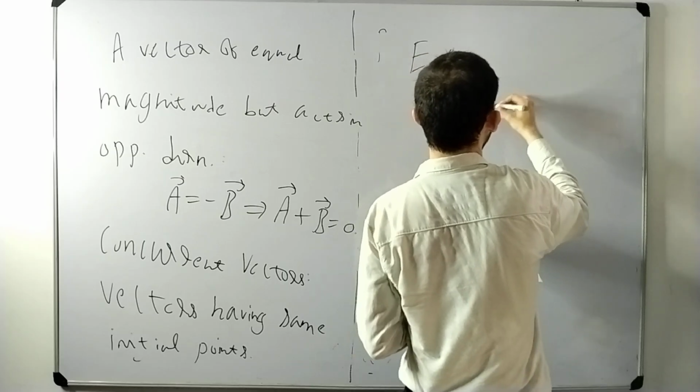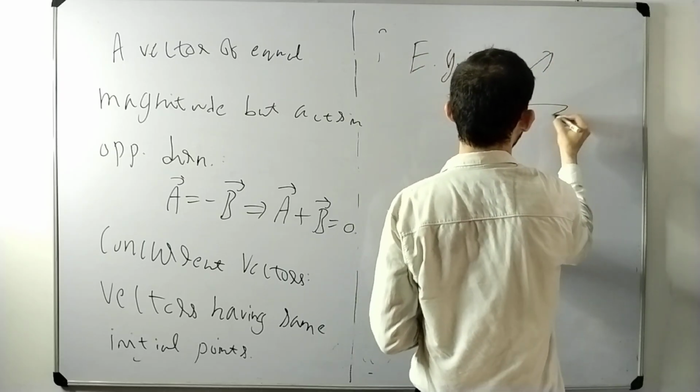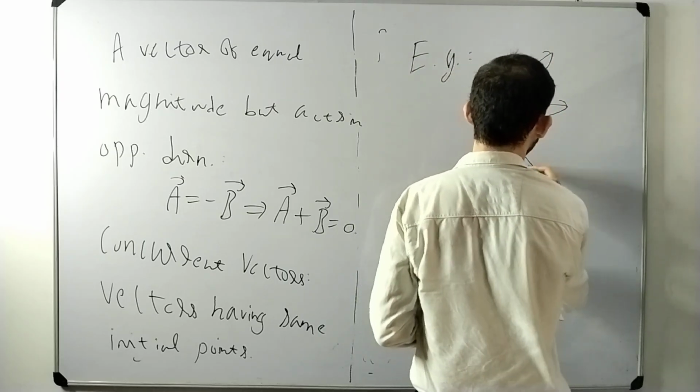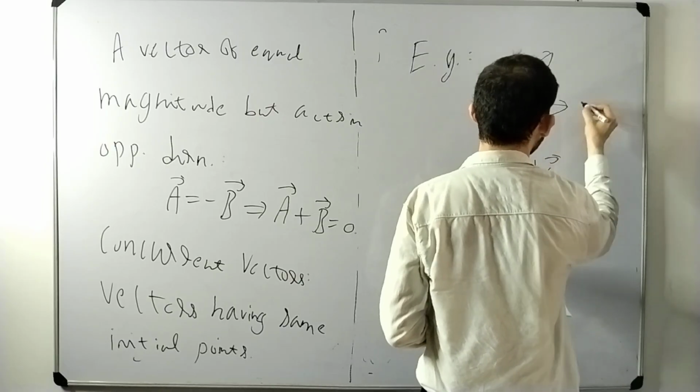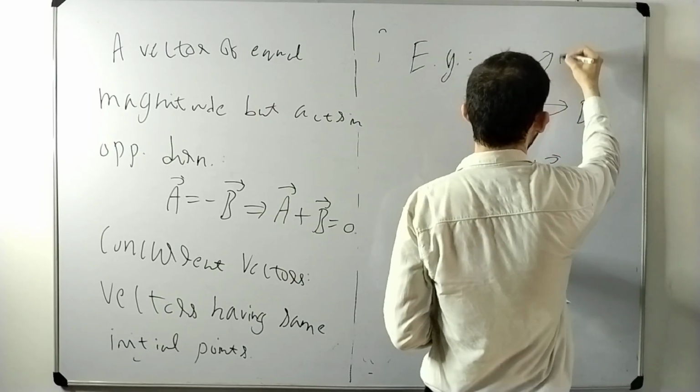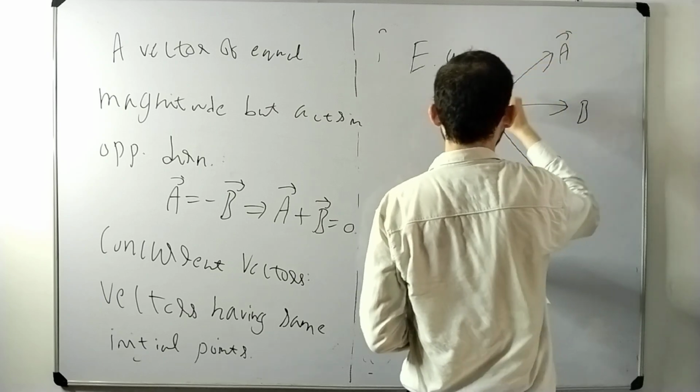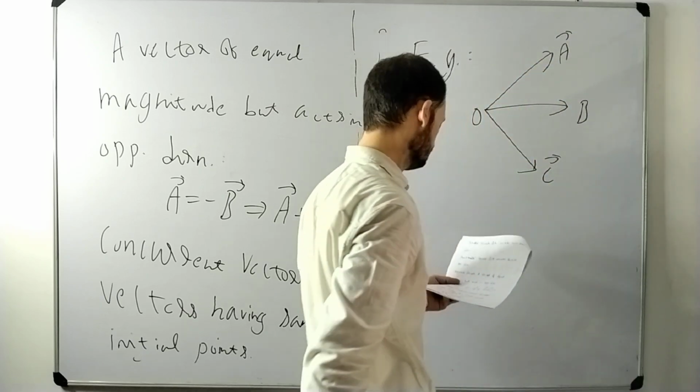This is vector A, this is B, this is C. Now you have understood what I mean. These are all concurrent vectors at O.